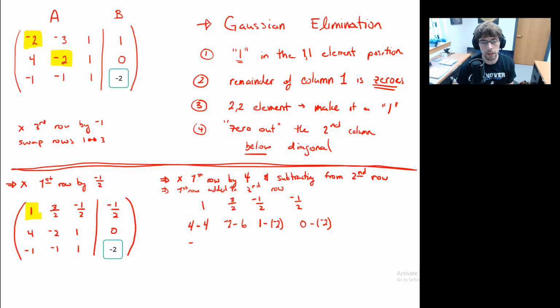So I have -1 plus 1. I have -1 plus 3/2. I have 1 plus -1/2. And then I have 2 plus -1/2.